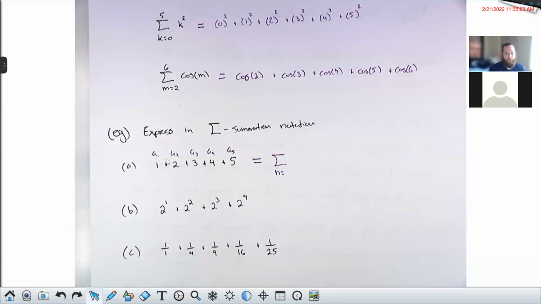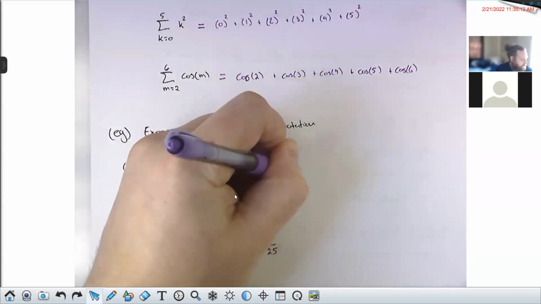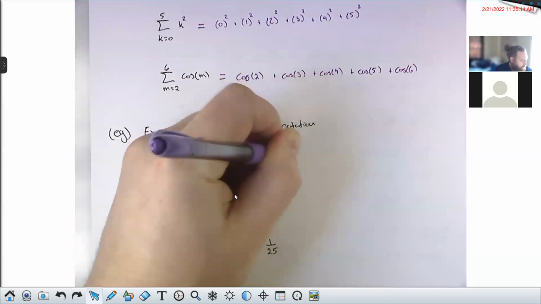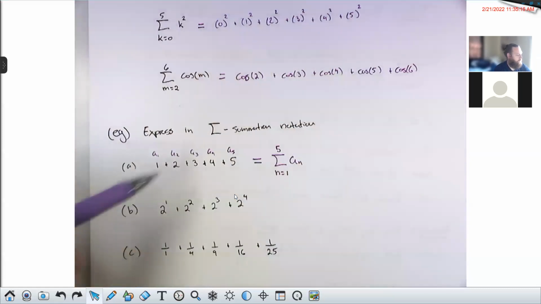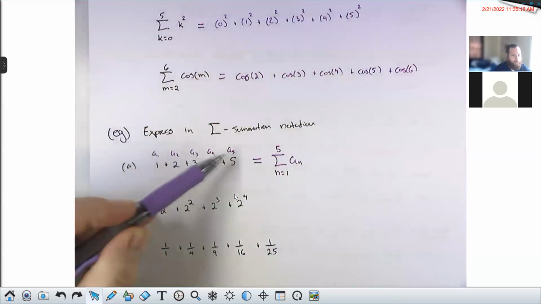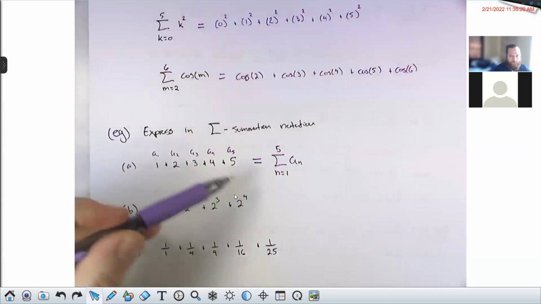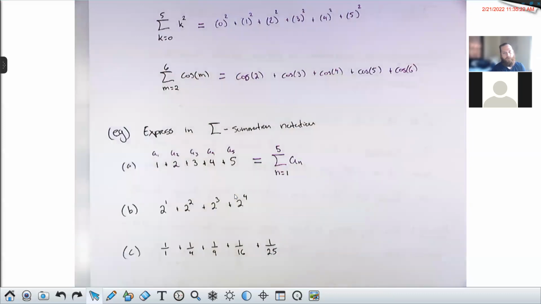If this was 1 plus 1 plus 1 plus 1 plus 1, then AN would always be 1. So let me start by writing it like this. I'll say this is sigma n from 1 to 5 of AN, right? A1 plus A2 plus A3 plus A4 plus A5. And then we need to specify what the ANs are. The two answers I got there were AN is 1 or AN is n. The correct one here is AN is n, right?